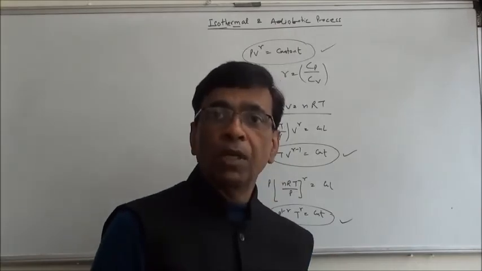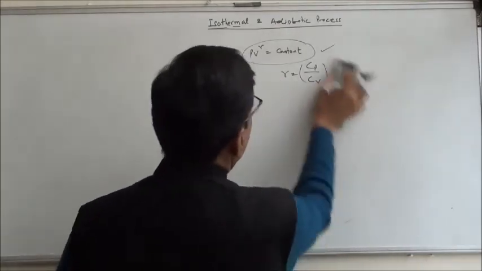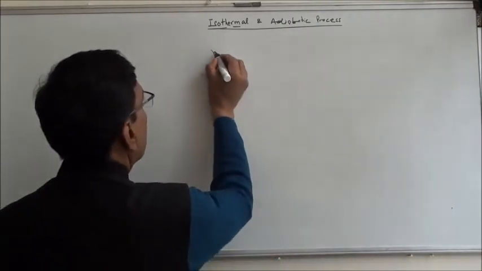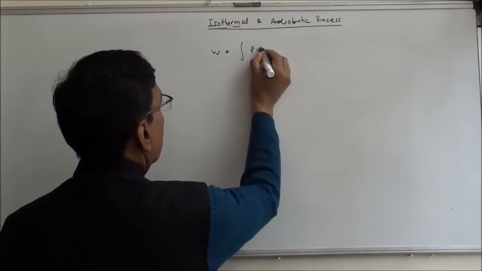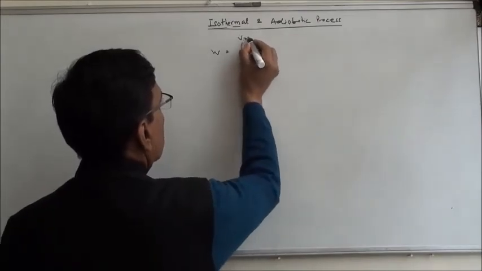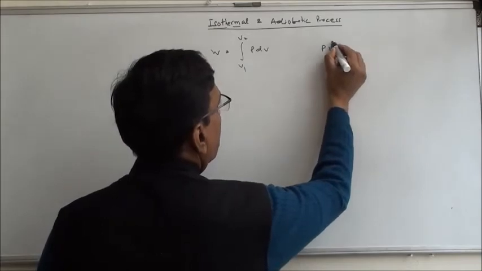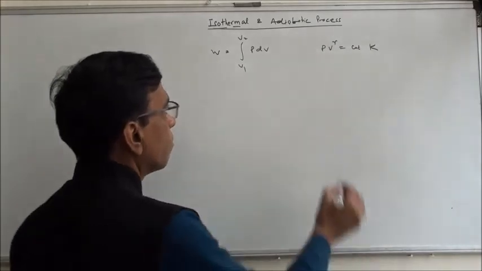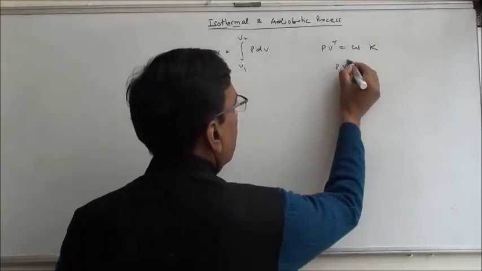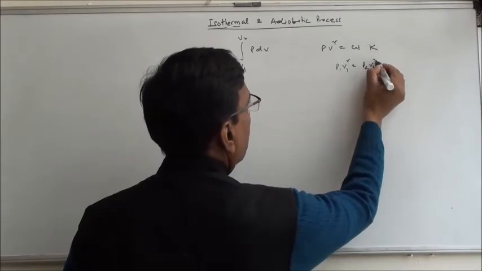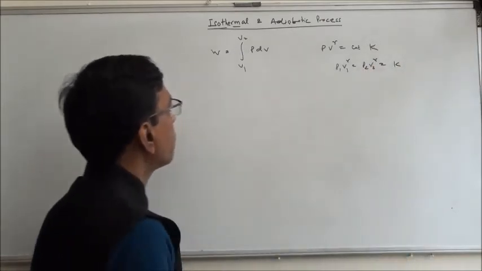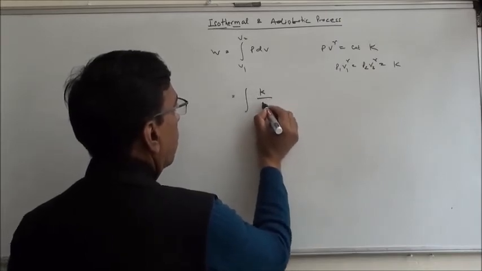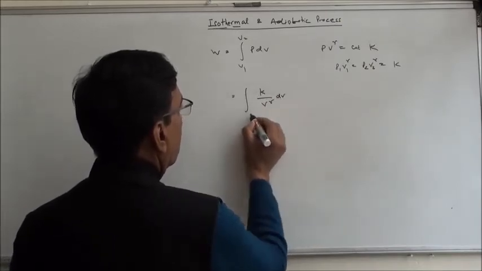Now let's calculate the work done in an adiabatic process. The general expression we had told you is this one, and PV^gamma is constant, let me call it K. It is like P1 V1^gamma is equal to P2 V2^gamma is equal to K. I can write P as K upon V raised to the power gamma, dV.